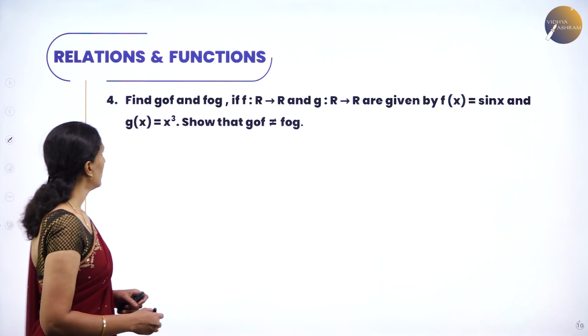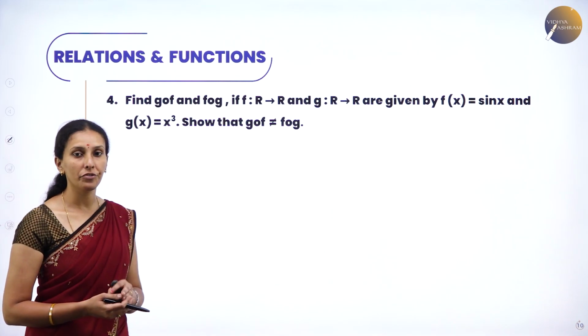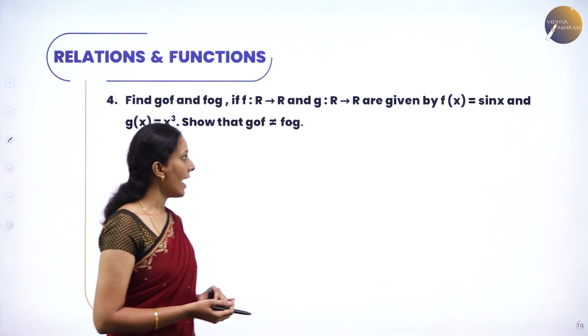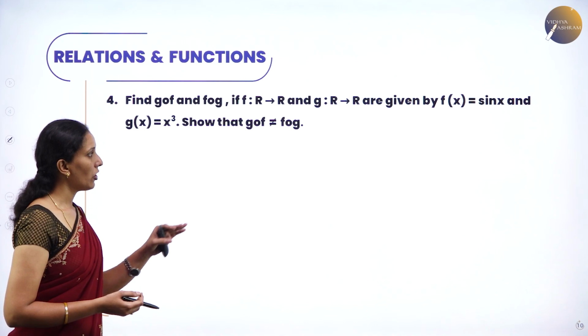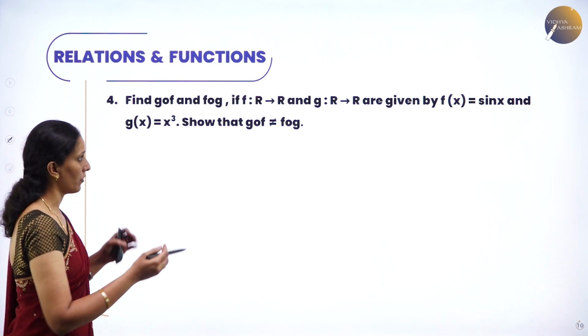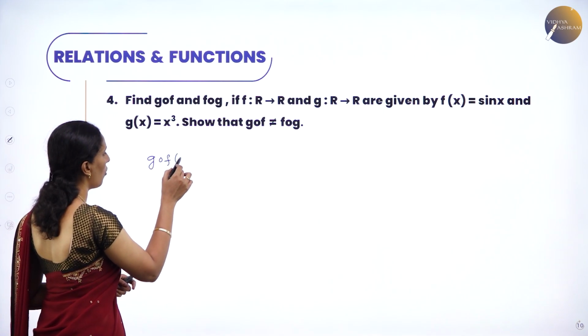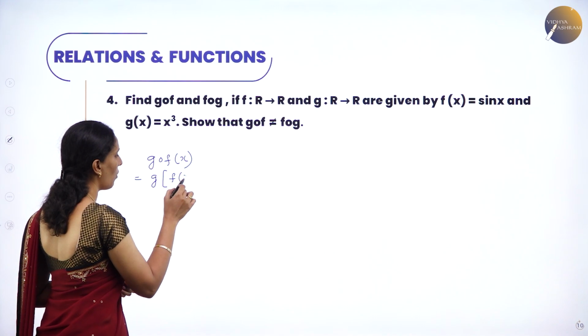Next one, find g∘f and f∘g if f and g are functions from the set of real numbers to real numbers, f(x) is sin x and g(x) is x cube. Show that g∘f is not equal to f∘g. Let us consider g∘f(x), which is g(f(x)).